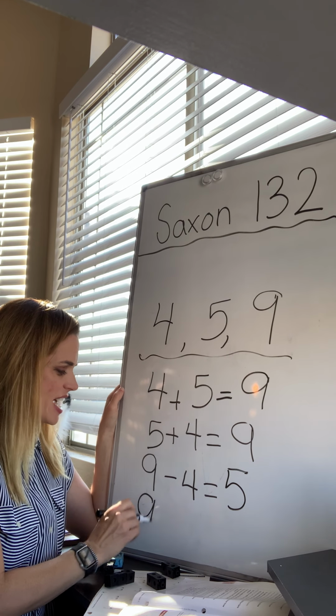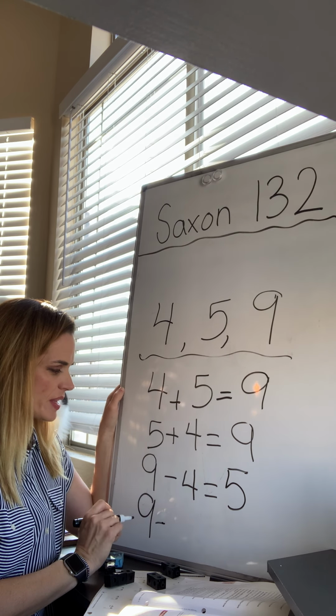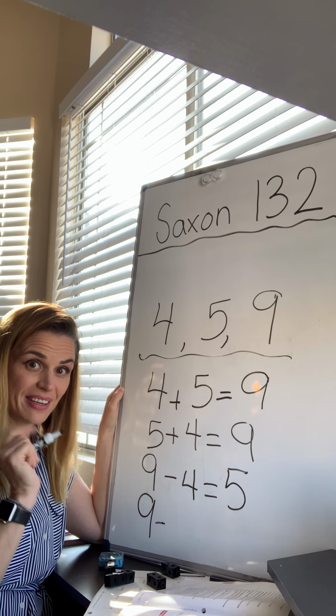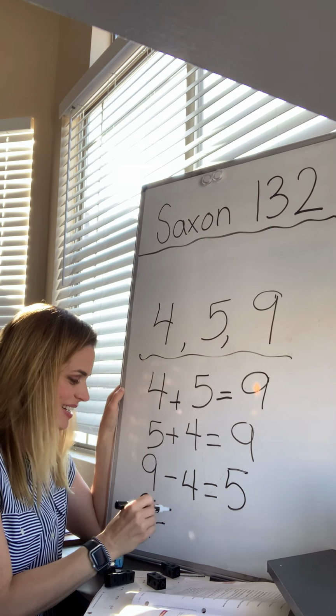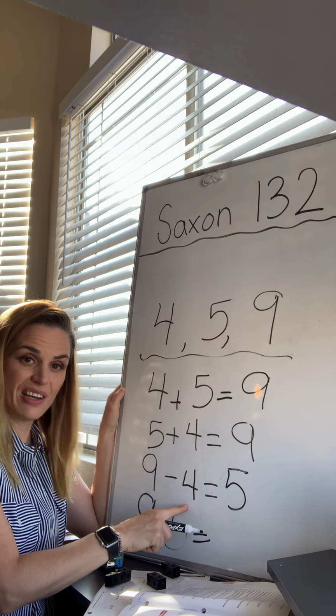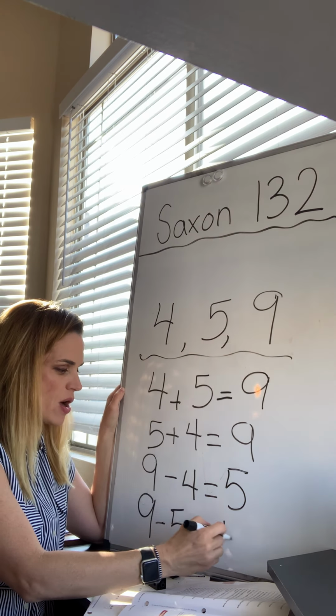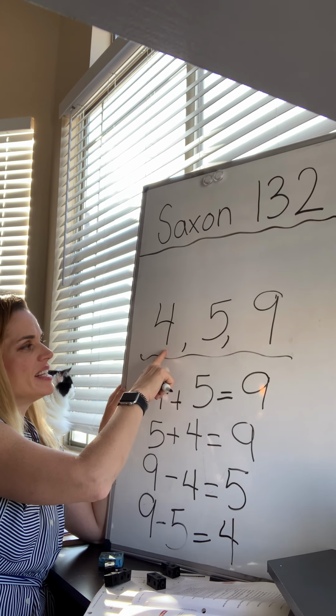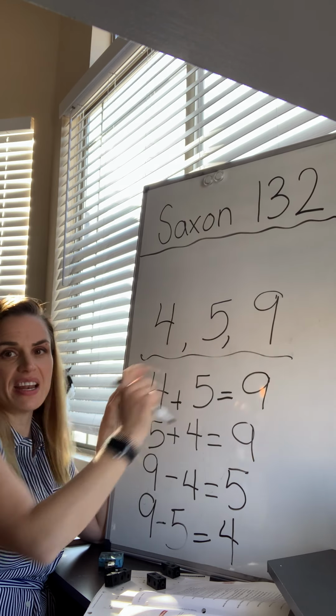So we start with 9 for our last one. Good job. 9 minus 5, and that equals our other number, 4. So this is our fact family when given these numbers 4, 5, and 9.